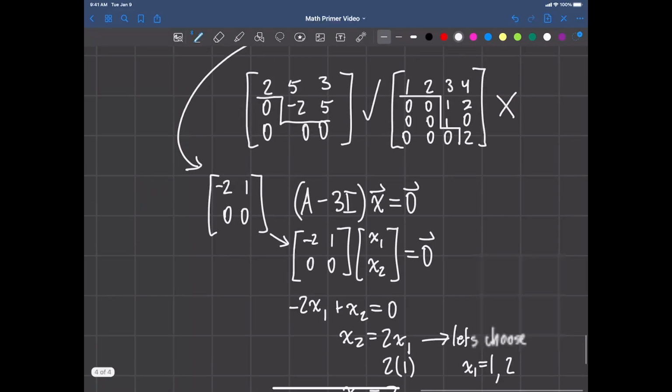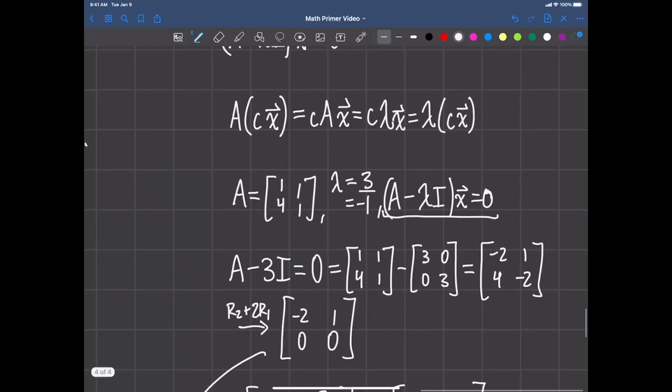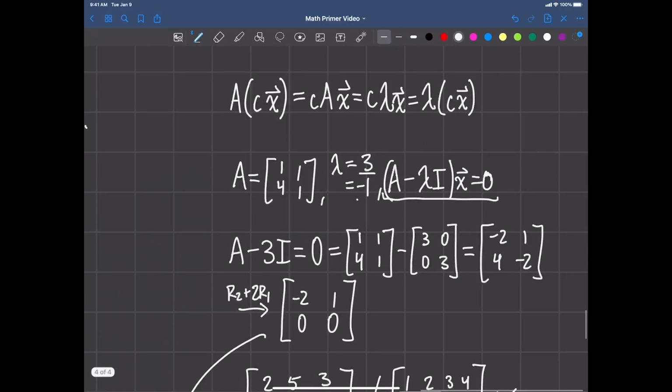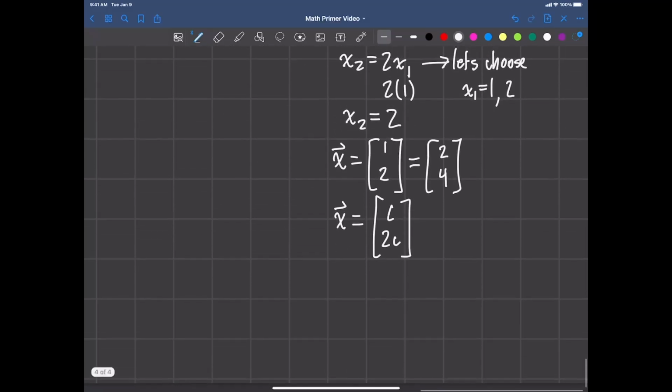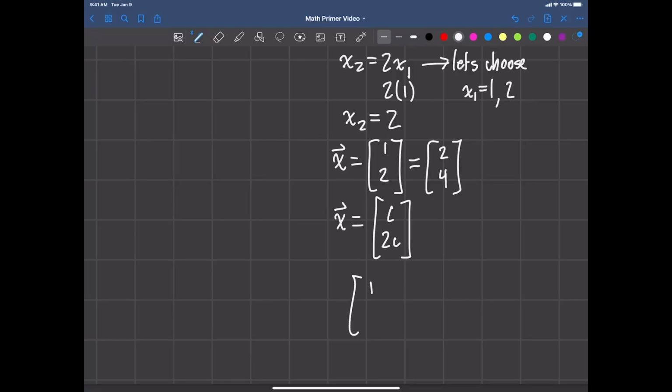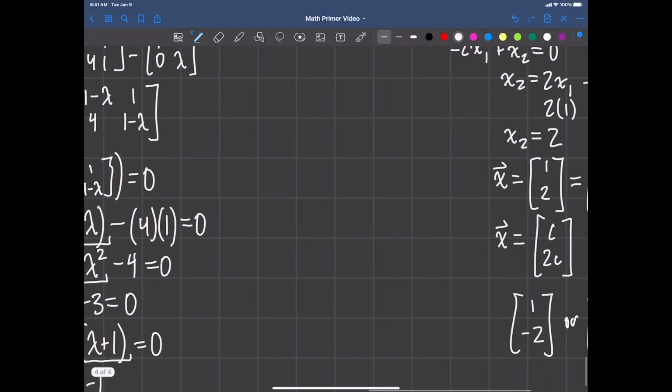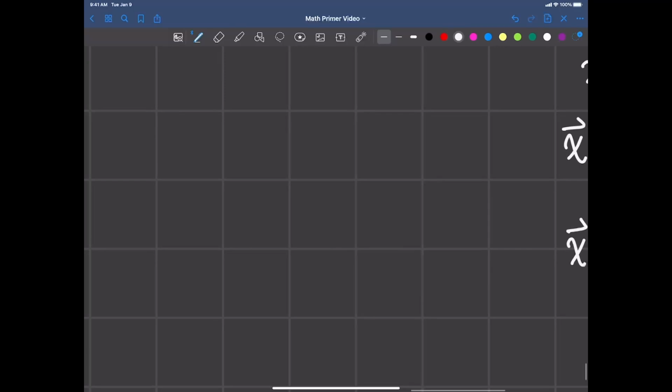I've already solved it for the eigenvalue positive 3. So go ahead and solve it for the eigenvalue negative 1. The solution of that would be 1, negative 2, or c, negative 2c. Go ahead and solve it and see how we got to that answer. For more practice, solve for eigenvalues and eigenvectors of these matrices.